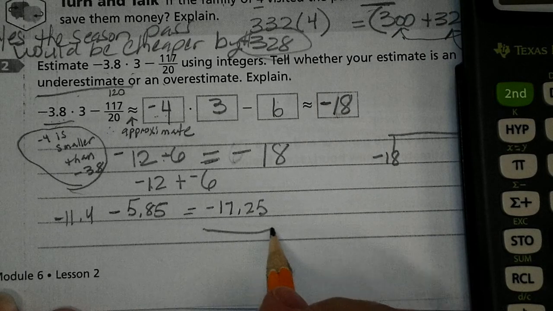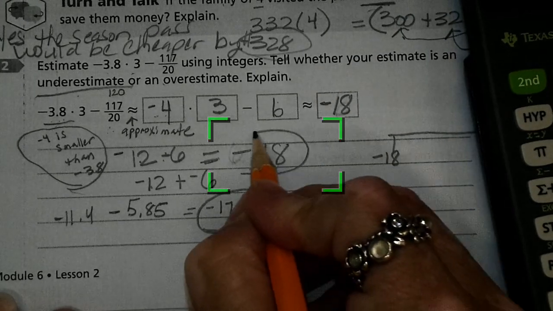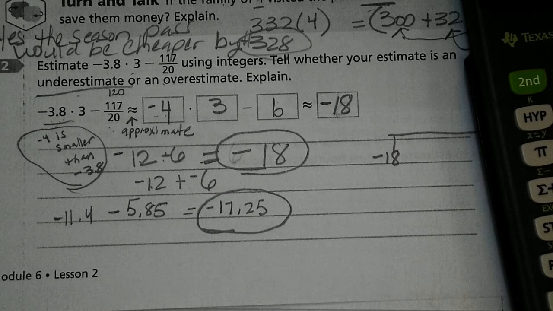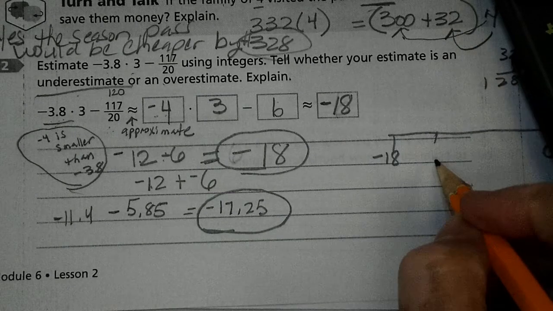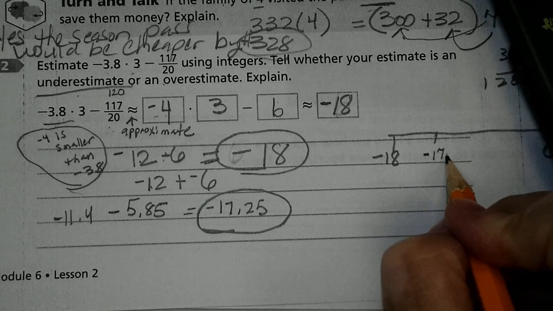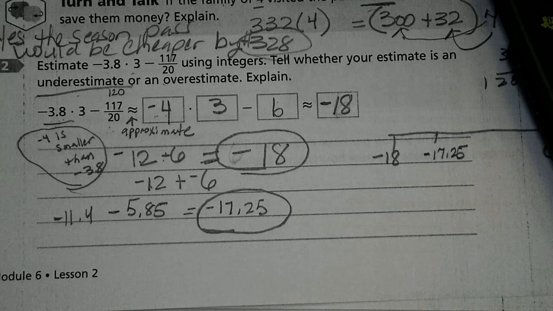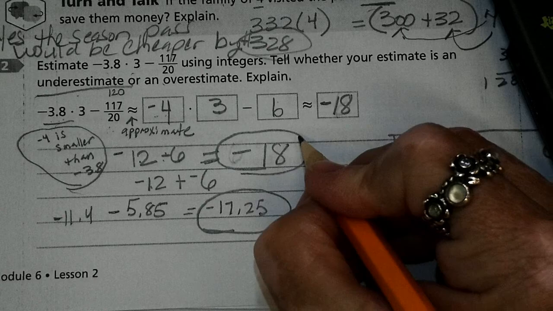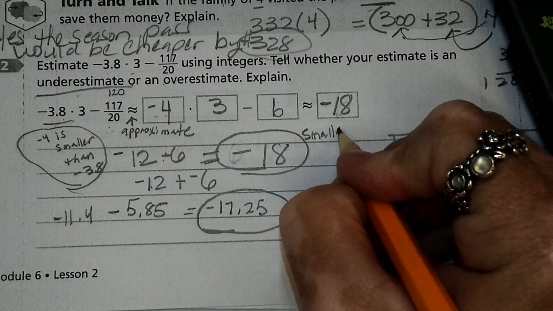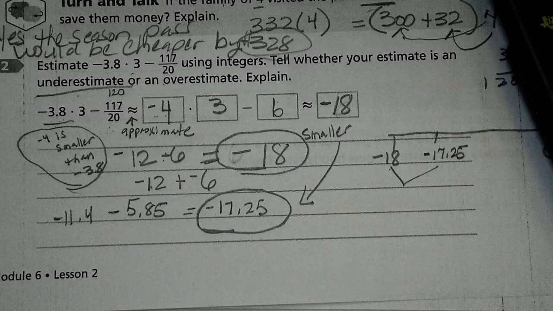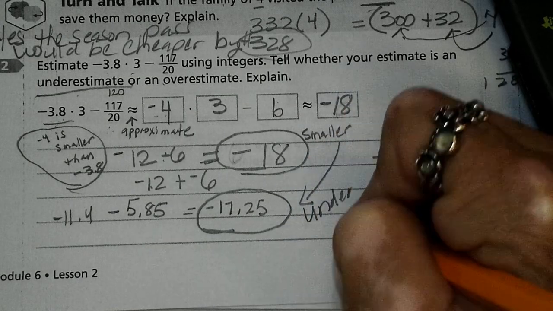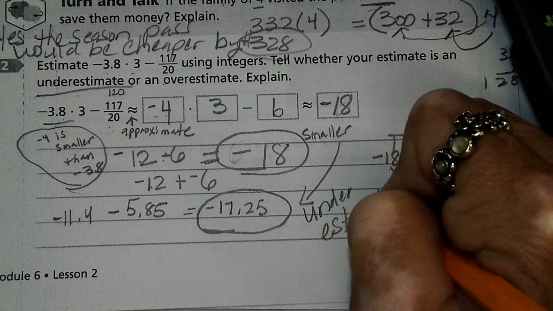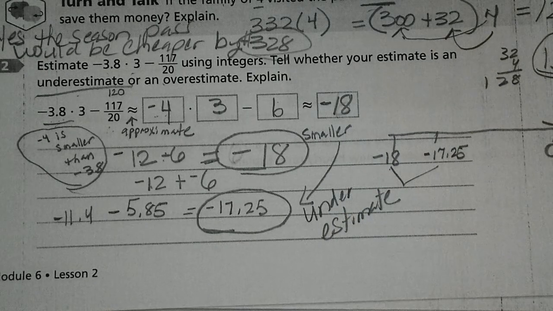So I wanted you to see why it is considered an underestimate. It's only because of the negative that this is considered to be an underestimate. Okay? Does everybody understand that? Because -18 is smaller than the actual answer. So that's why it's an underestimate. Okay?